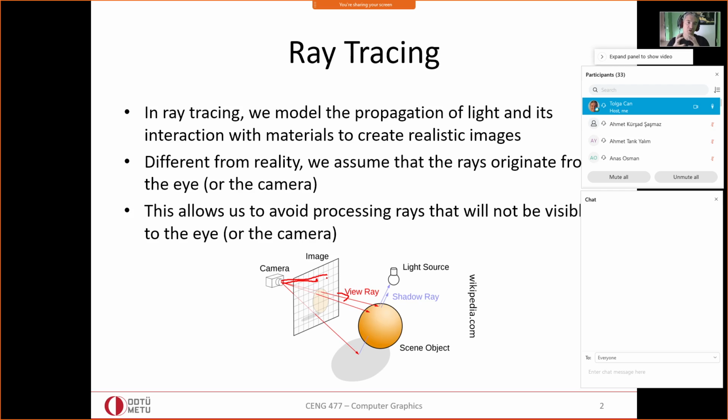You have a dark black box, and you just punch a hole in that box with a pin, and with that you can have sharp images. Otherwise, if you have a larger hole in that box, light rays coming from every direction will fall in the same image position, then it's going to accumulate, and you will have blurry images.